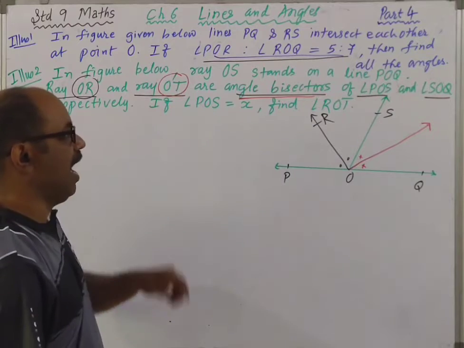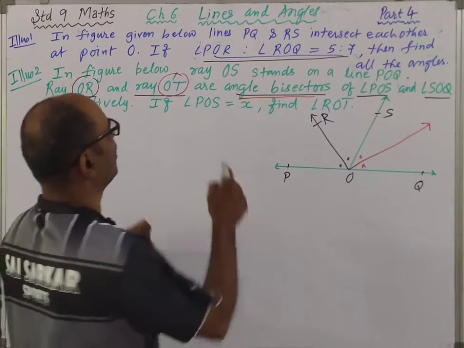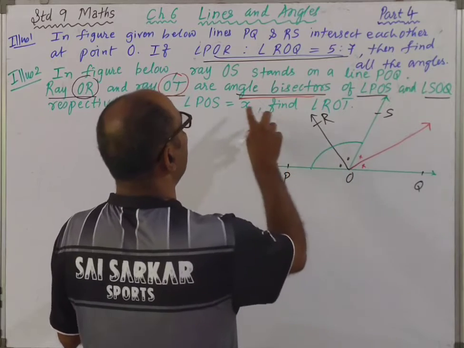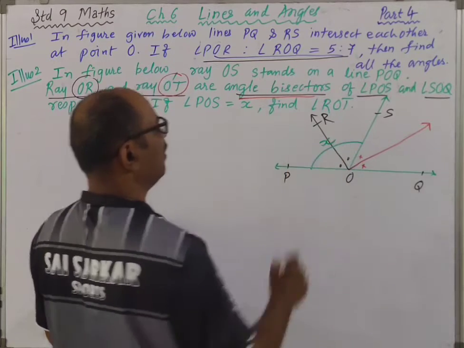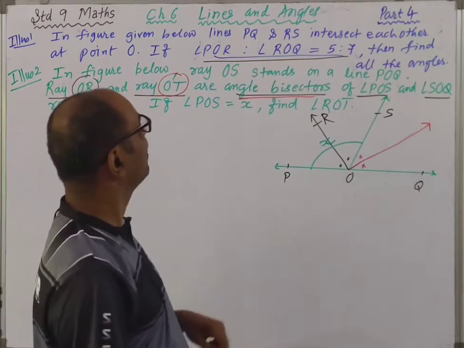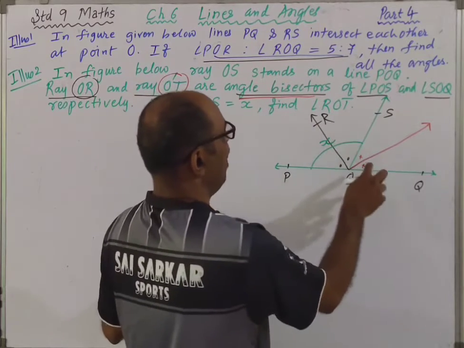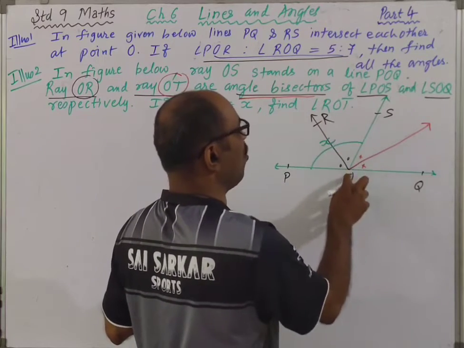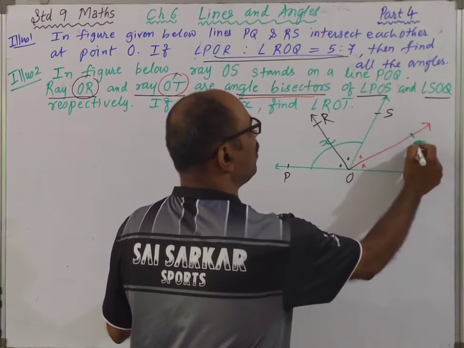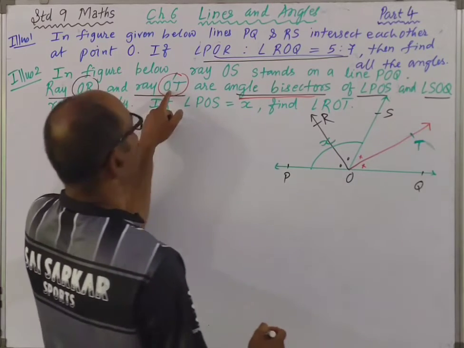If POS, where is POS? Angle POS, this green one, is equal to X. That is the whole angle. Angle POS is equal to X. Find angle ROT. This is T. Ray OT.